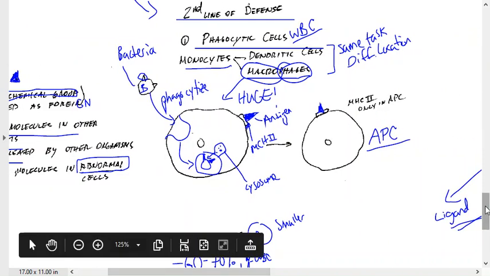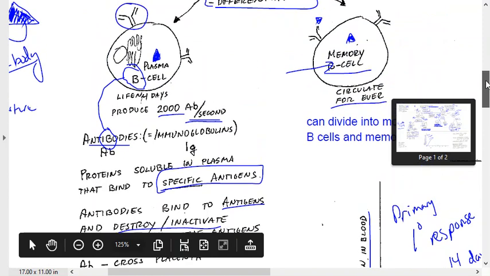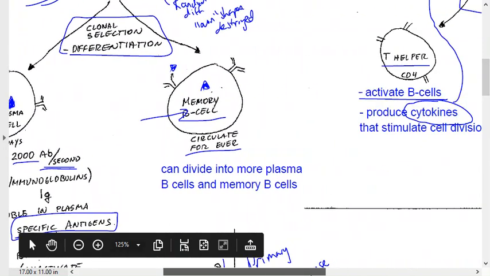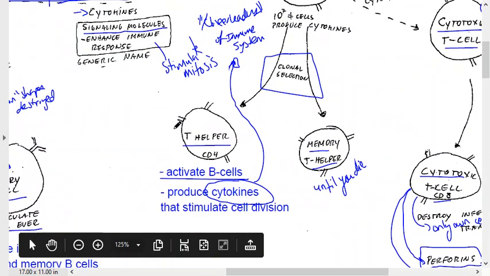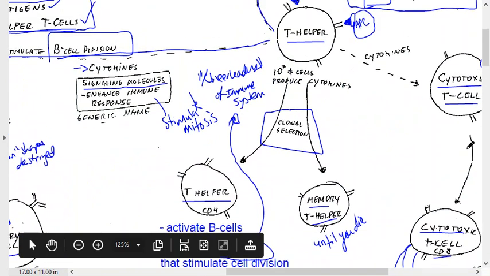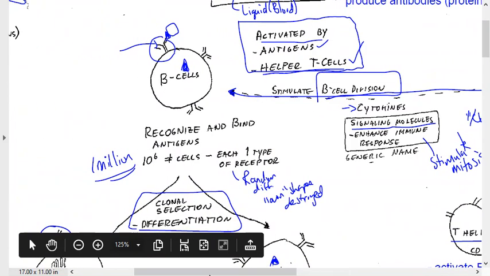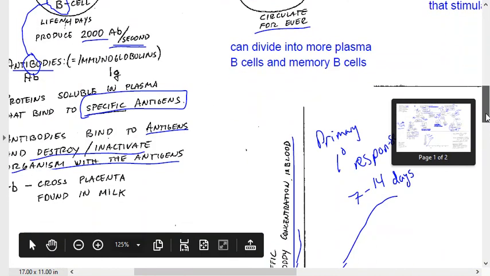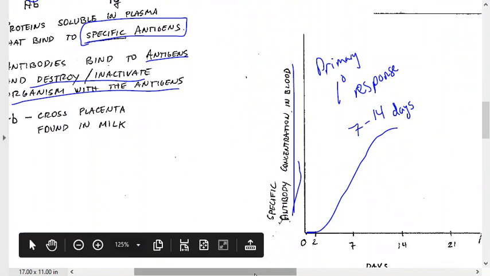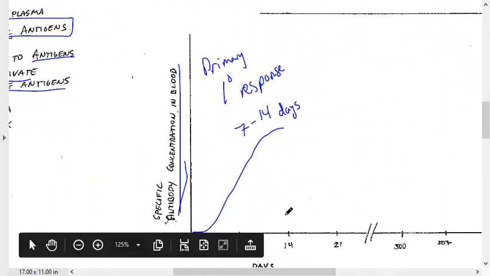Some of them have activated these T helper cells, these cytotoxic T cells, because those are cells that get activated directly by the APCs, whereas the virus itself with its antigen would activate a B cell. So that takes about 1 to 2 weeks, and that's when the antibody production is highest.